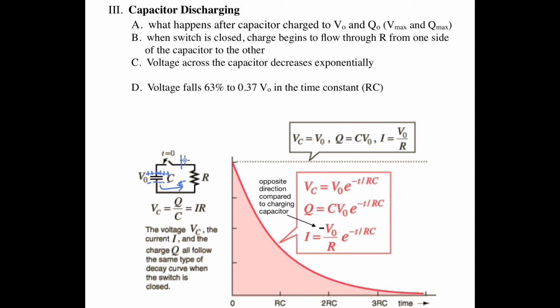Originally, if there was a battery there, that battery would look like this, plus minus, that would have charged this. So notice this is in the opposite direction, and this would have created a current in this direction. So when we discharge the capacitor, the electrons are flowing, and therefore the conventional current is flowing in the opposite direction here.